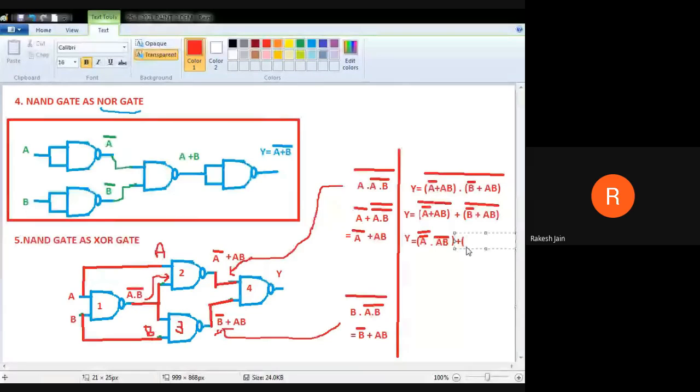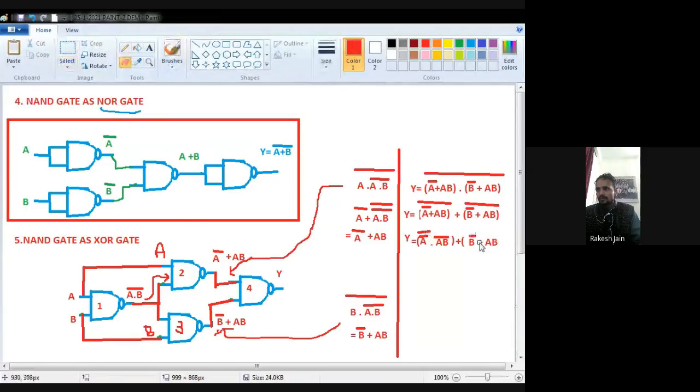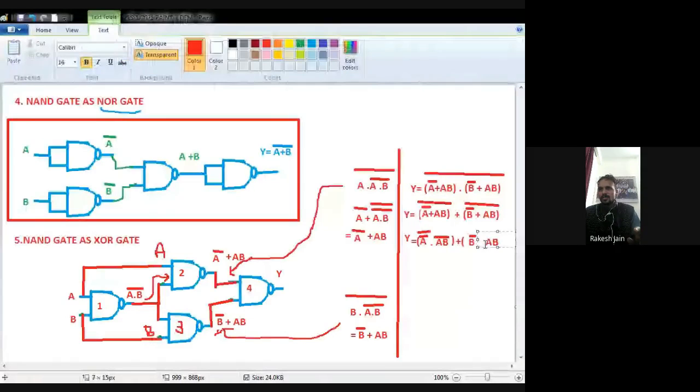So B bar will be bar and AB will be bar, and the plus will be converted into a dot according to the De Morgan theorem. So I just write down. This plus will be converted into a dot first of all, and these two things individually bar.